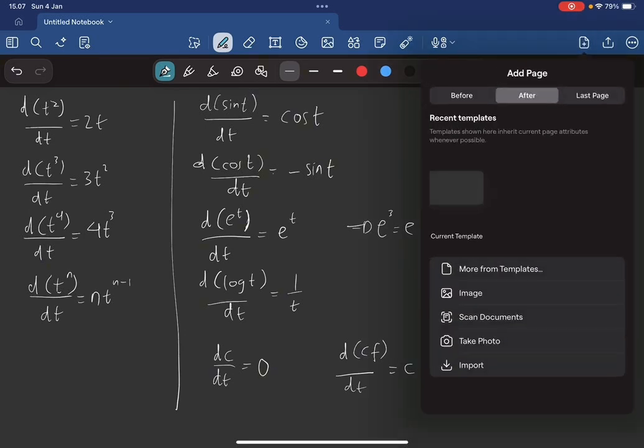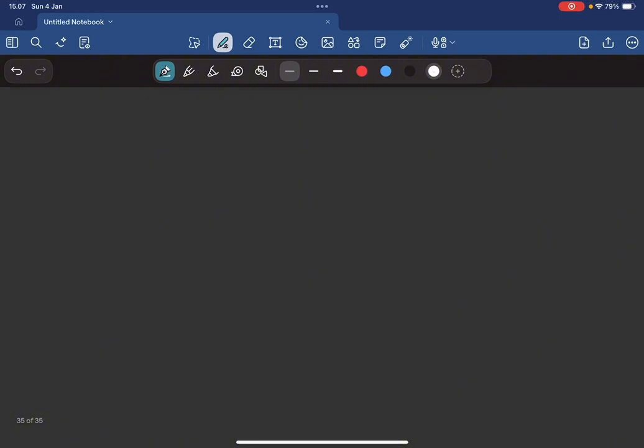Suppose we have two functions, f(t) and g(t). Their sum is also a function, and its derivative is given by the sum of the derivatives. This is called the sum rule.